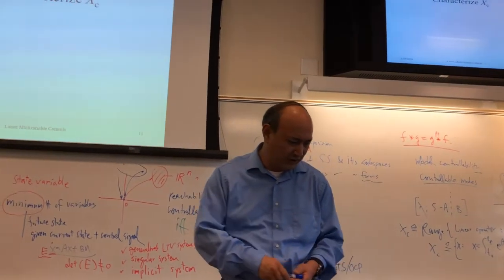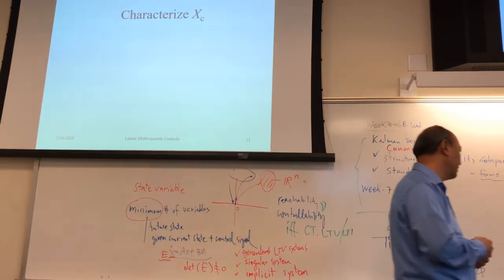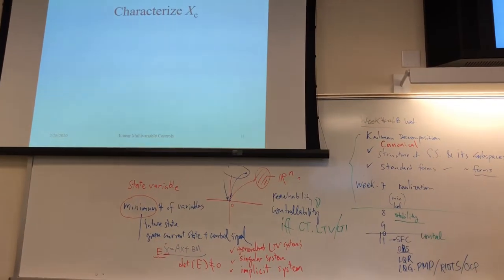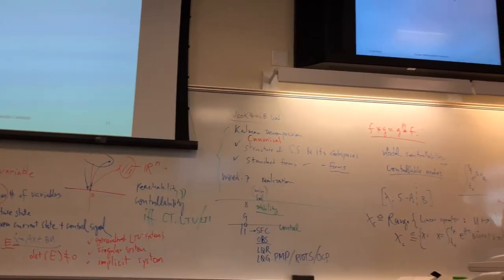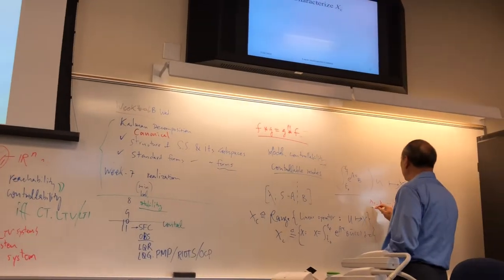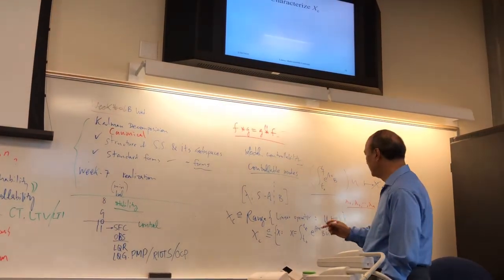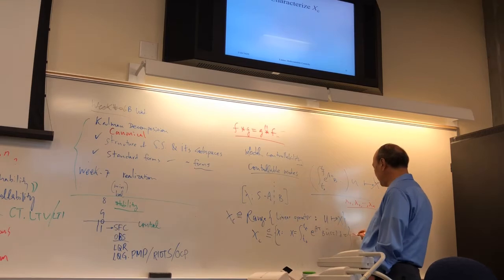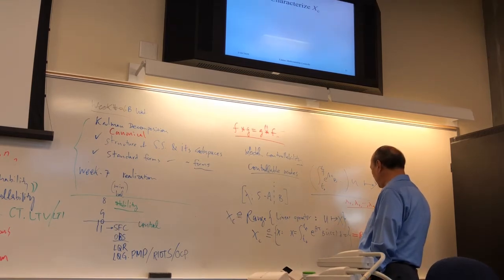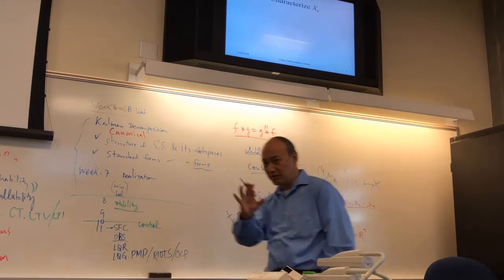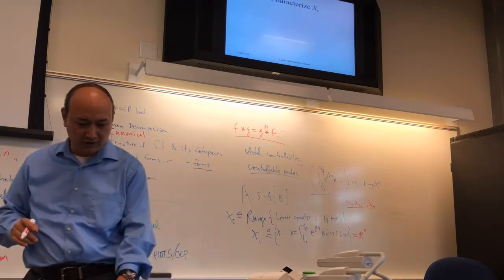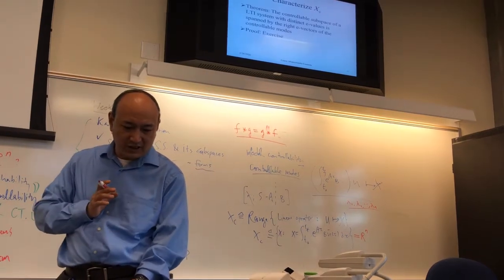That's easy to understand. If you have lambda 1 through lambda n and everything is controllable, then the XC is nothing but Rn, right? You can control it anywhere. That's good, but in reality, it's not.